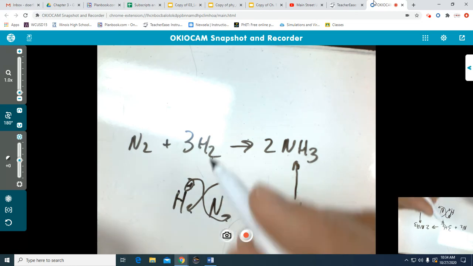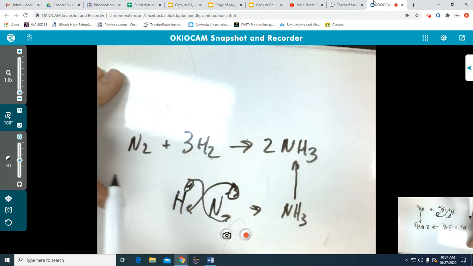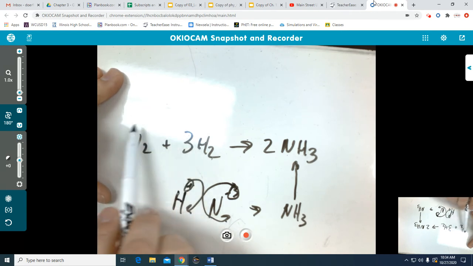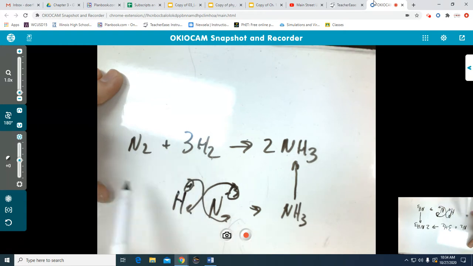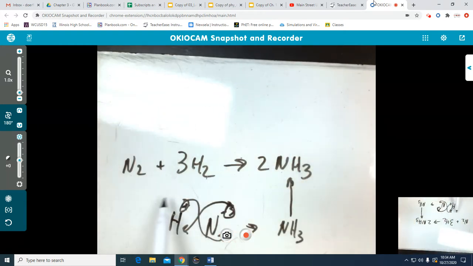And you are able to do that because think of it this way. When a chemical reaction occurs, imagine that everything on the reactant side is broken apart. So these are all going to be individual by themselves for a split second, and they're going to reform.